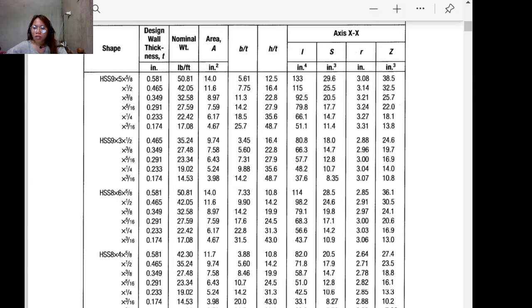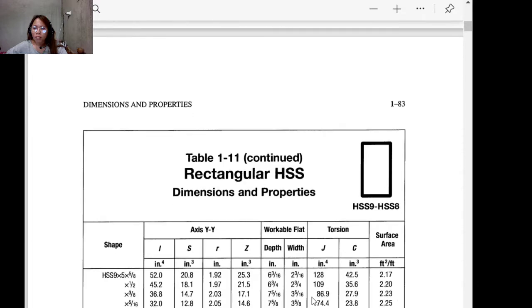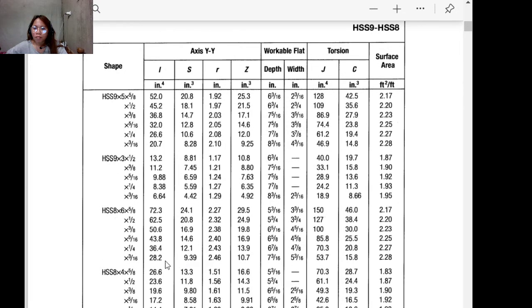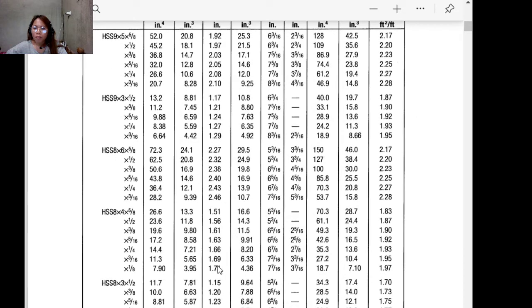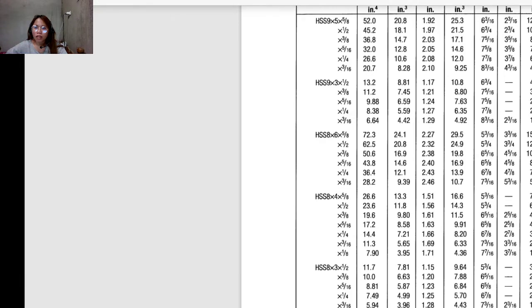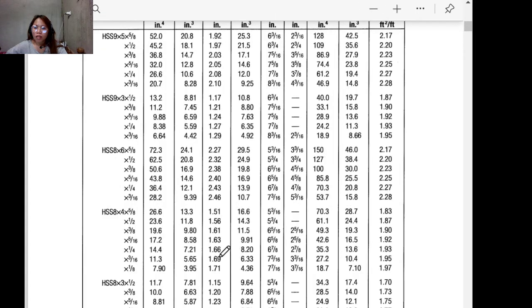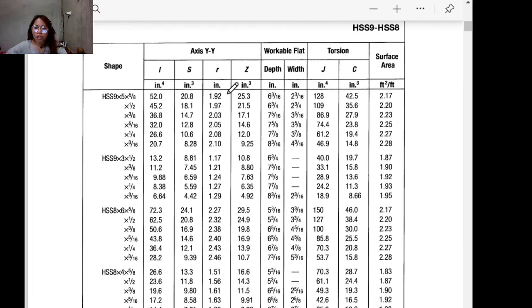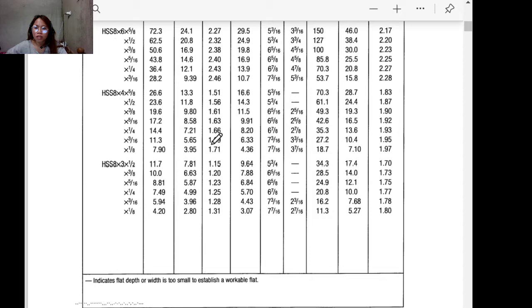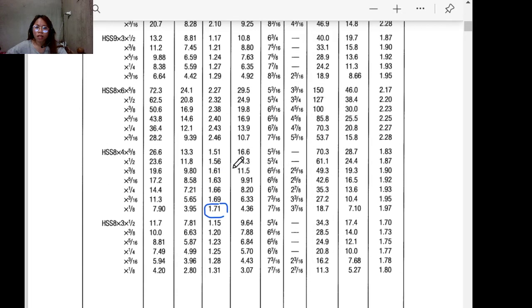Your radius of gyration should be the R sub Y. So here, the radius of gyration along X, Y, Y, along the axis Y, Y should be this one. Radius of gyration 1.71.